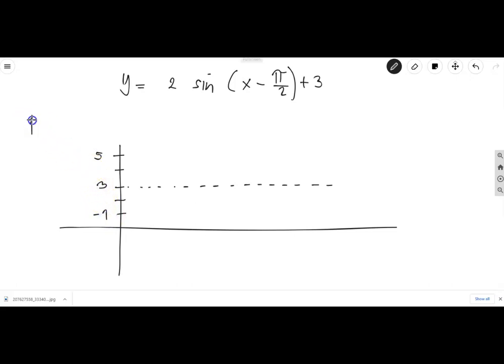So the range is from -1 to +5. The domain is from negative infinity to positive infinity.